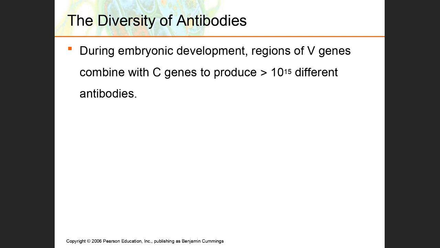So that means you have at least 10 to the 15 different B cells in your body. So we have the potential to create an antibody for any given antigen that exists. That's pretty amazing when you think about it, right? The ability to shuffle genes and to create all those different mRNAs to produce all those unique antibodies.